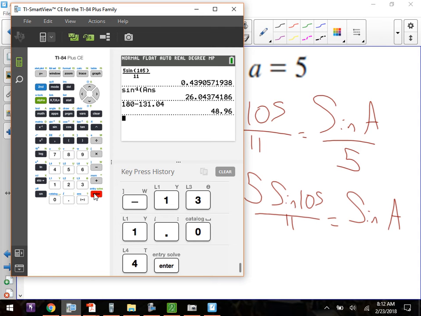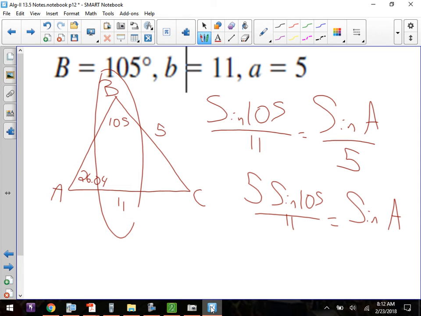So nice, it's twice 48. And then I'll use law of sines one more time to get side C.